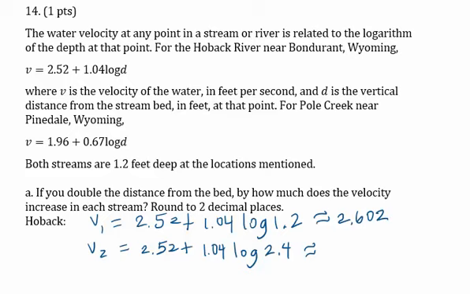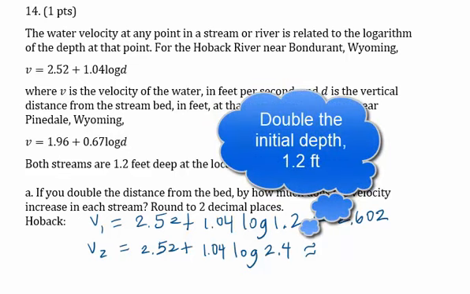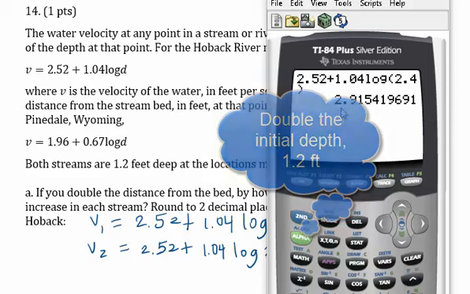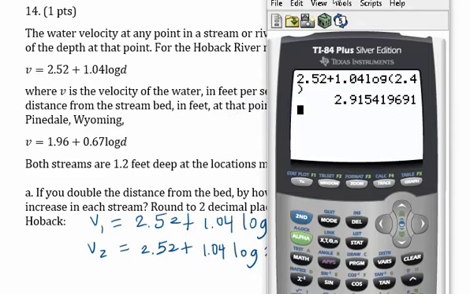Okay, and then V2 is equal to 2.52 plus 1.04 log of 2.4, which is approximately 2.915.